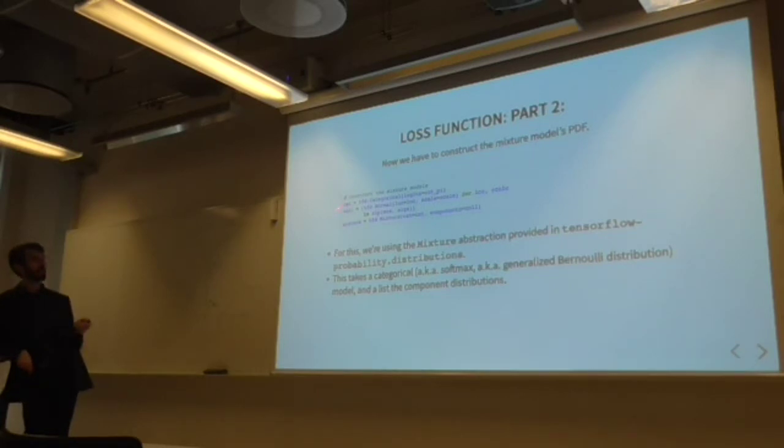So I make my categorical model, again using TensorFlow distributions, which takes the out pi's as its parameters. Then for each mu and sigma in my lists, I'm making a normal model. Loc equals mu. Loc is sort of another word for mean in these models. Scale is another word for standard deviation. Then I construct my mixture model with the categorical model and a list of the components. That's not too hard.